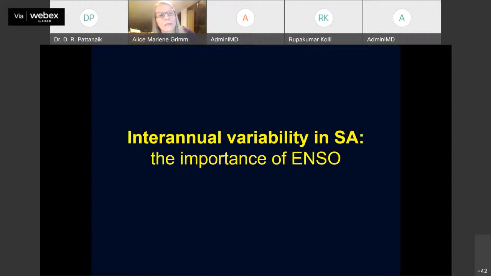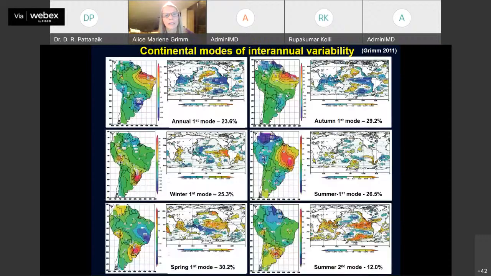Well, let's first give you an idea about interannual variability in South America and of the importance of ENSO for this interannual variability. Here you have the continental modes of interannual variability for total annual rainfall and seasonal rainfall.